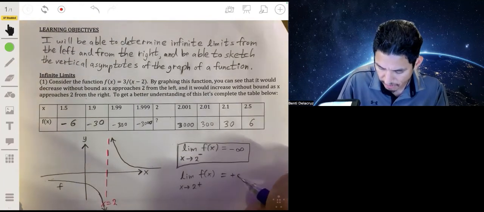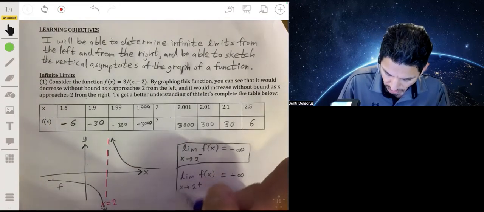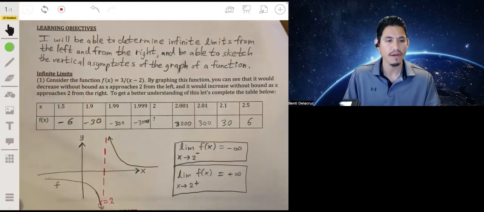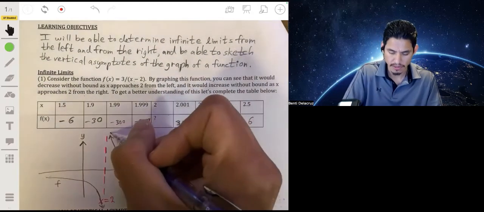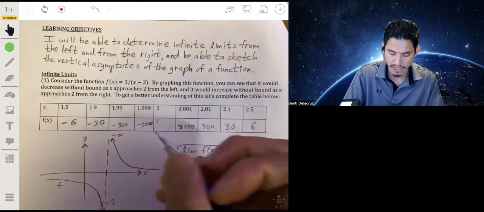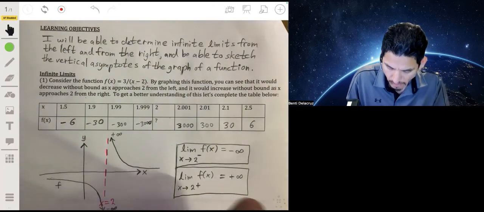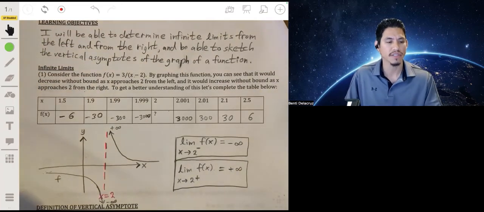I tend to like writing the positive symbol because it reinforces my answer, but you don't have to. And again, I like to mark that up here we're going to positive infinity, and in this direction we're going towards negative infinity. So this is what we're dealing with when we're talking about infinite limits.